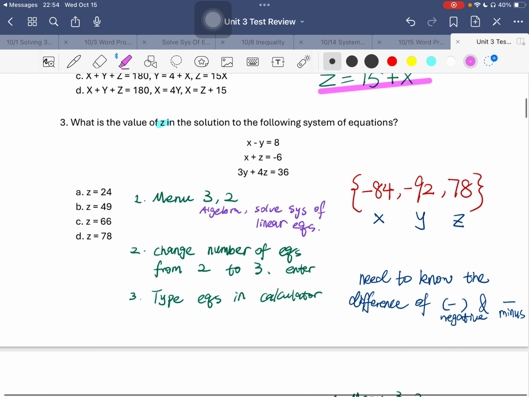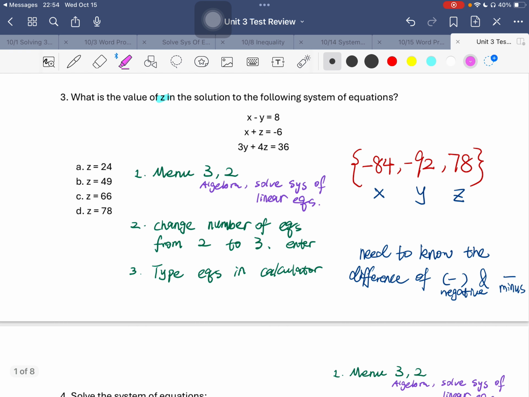Question 3. What is the value of z in the following system of equations? This question we need to use the calculator to solve the system of equations. Step 1 is menu 3, 2. And then we change the number of equations from 2 to 3. Then press enter. Now we type in the 3 equations in the calculator.